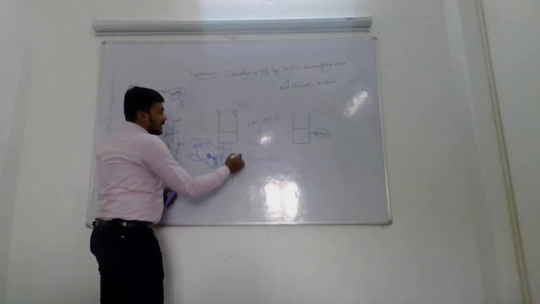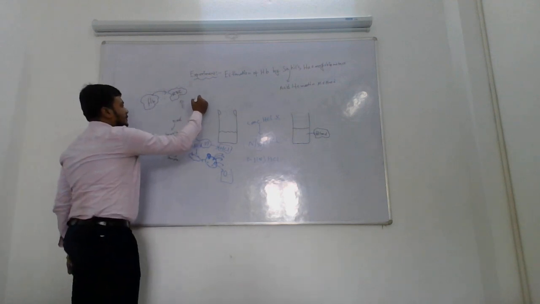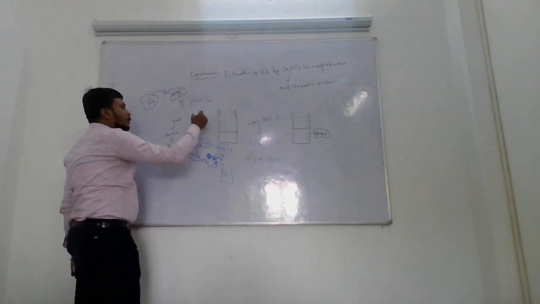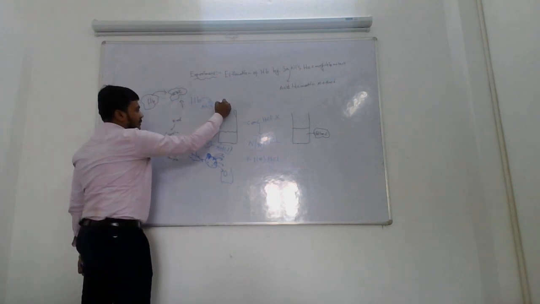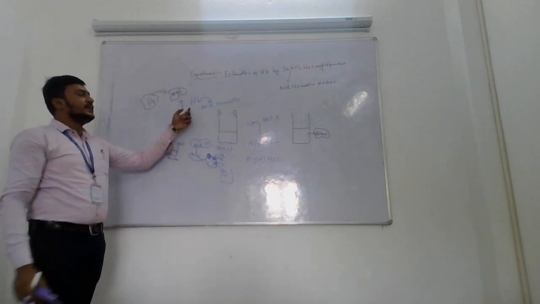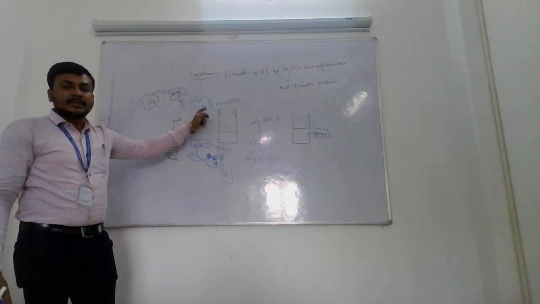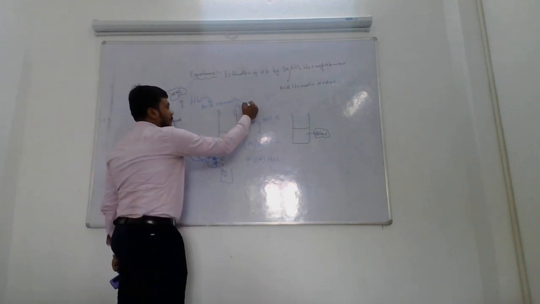Whenever hemoglobin is present, it is directly converted to acid hematin. How can we confirm that the hemoglobin is converted to acid hematin? It is the change of color.